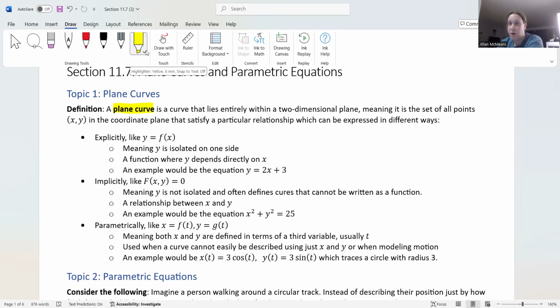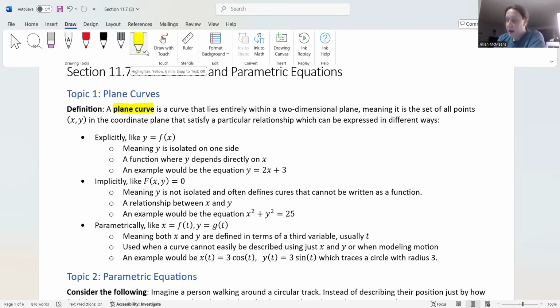We deal with plane curves all the time. There are three different ways that we can represent these plane curves, and I want to go through them quickly. You can represent a plane curve in an explicit way, which just means you have solved for y.